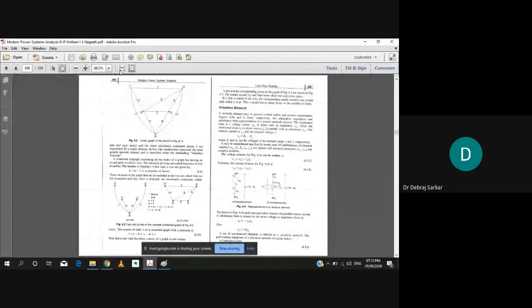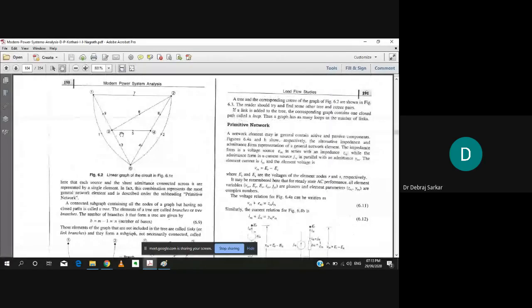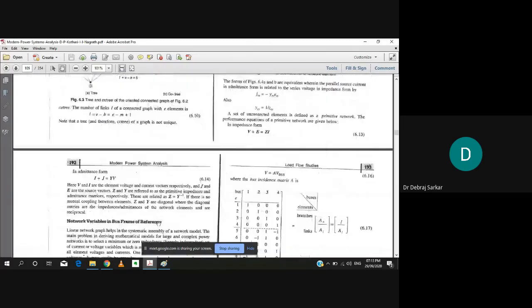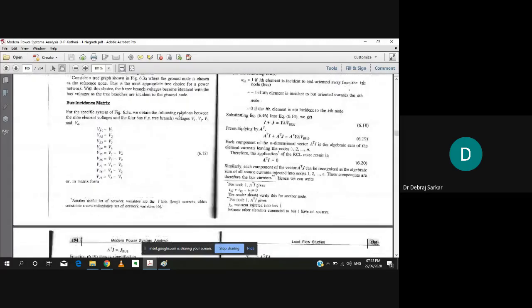For this figure 6.2, they have found the bus admittance matrix. There are 9 elements, and they have written them like this.